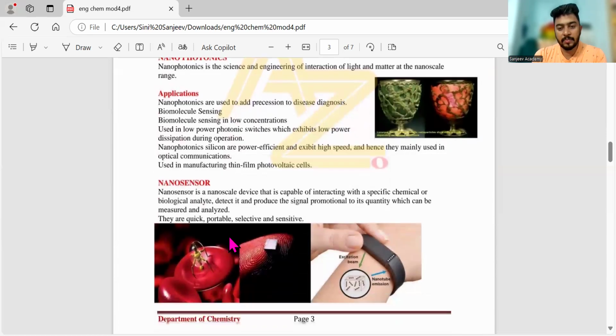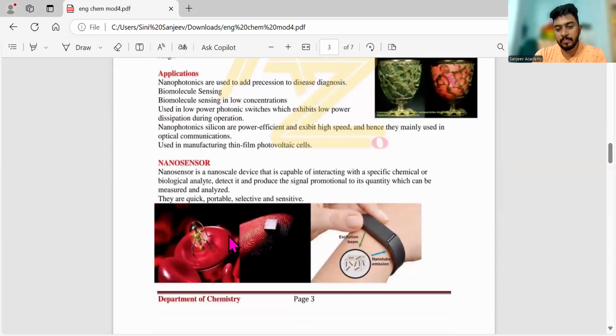Nano sensor. Can you see here something like a watch or band? So these sensors will be able to detect the pulse in our body. And the output of this can be connected to a transmitter or receiver. The one which transmits the signal is the transmitter and the one which receives is the receiver.